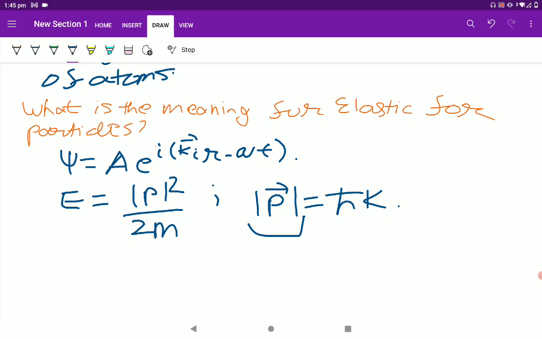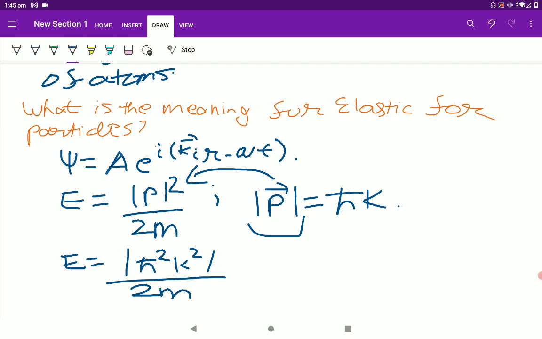So substituting the value of the momentum in the energy equation, we get the energy as h square k square divided by 2m.